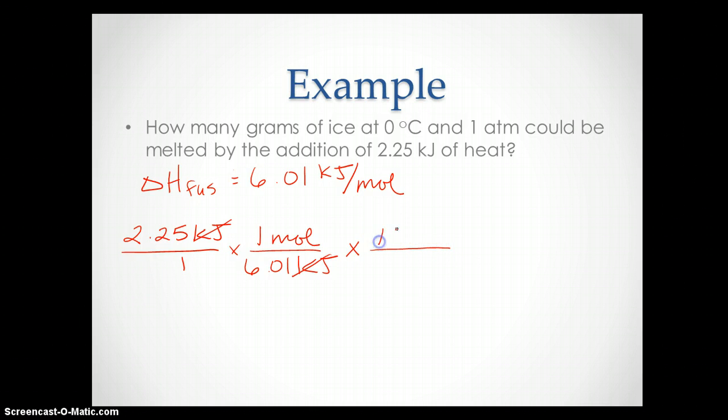So the molar mass of water is 18 grams per mole. You get that from the periodic table. So when we do that math, we end up with 6.74 grams of ice. If we had 6.74 grams of ice, it would completely melt by the addition of 2.25 kilojoules of heat. So you're going to use your heat of fusion or your heat of vaporization as a conversion factor in your calculation.